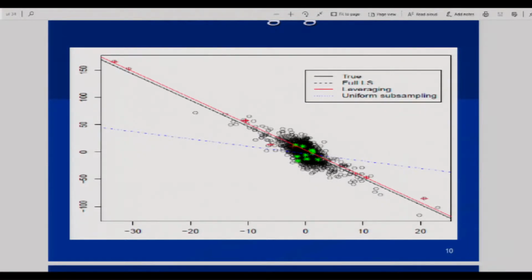Using these 10 data points, we fit this least squares line, the red line shown here. It seems much better than the regression line using uniform sampling, but it still has a little bit of bias with respect to the true least squares line I used to generate the data. This is the intuition behind the basic leveraging estimate.